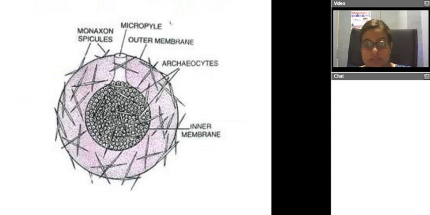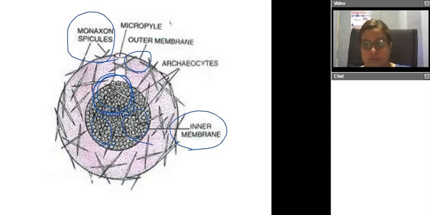See, this is the spicule with its outer and inner membrane. It gives rise to these masses of cells that together will give rise to new individuals.